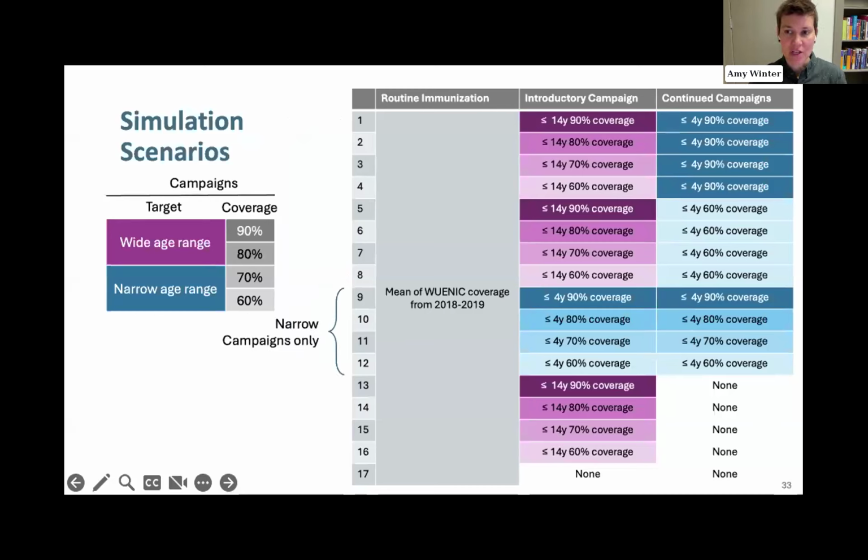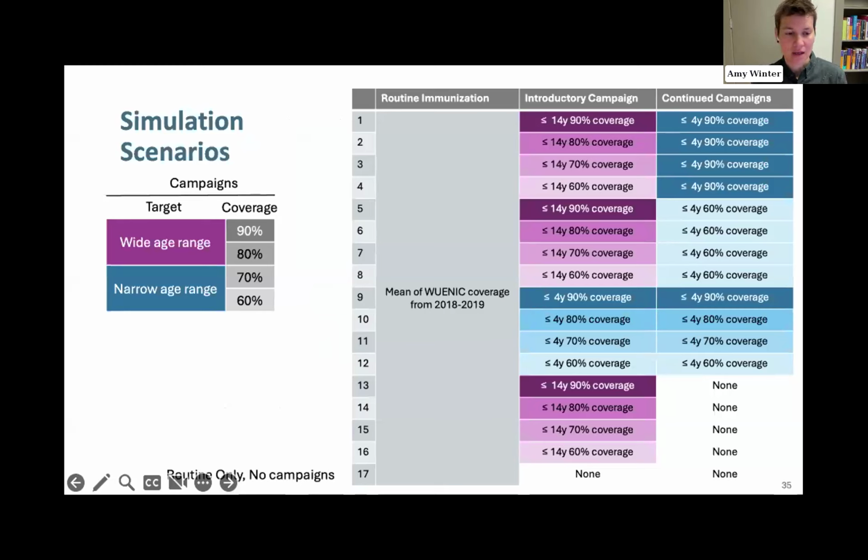And then we look at some variations on that recommended schedule. There's first a set of scenarios where we assume only narrow age range campaigns. This would reflect the case where there's no wide age range introduction and you simply incorporate MR into the current measles SIAs. And then we also look at a set of scenarios where we only have a wide age range introduction and no follow-up campaigns.